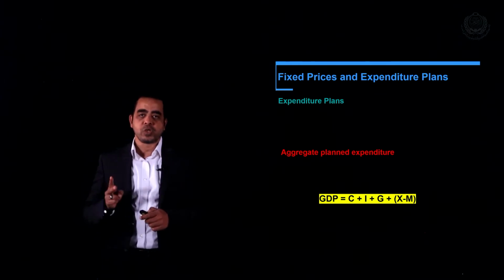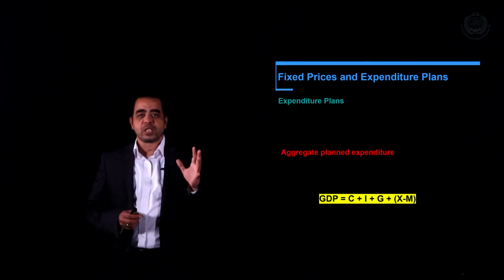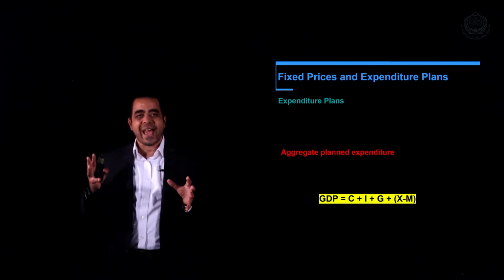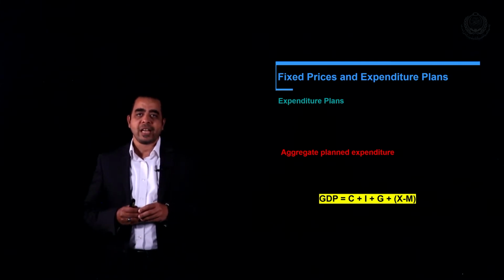So now we have two terms: we know about the expenditure plans, which is the aggregate planned expenditure, and we know about the aggregate demand.